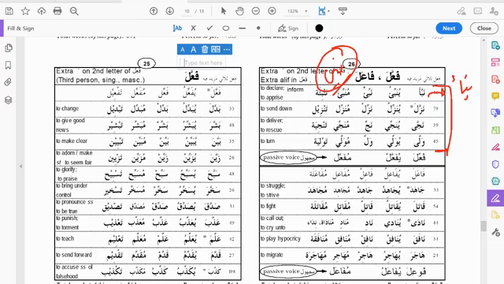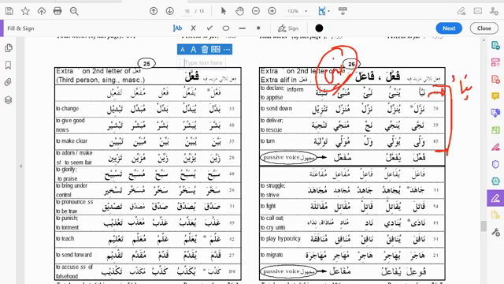Nazzala comes from the root nazala. In here, nazzala, you want to remember that the shadda would mean that there is a gradual process, at least in one of the ways of understanding the presence of shadda in a word.